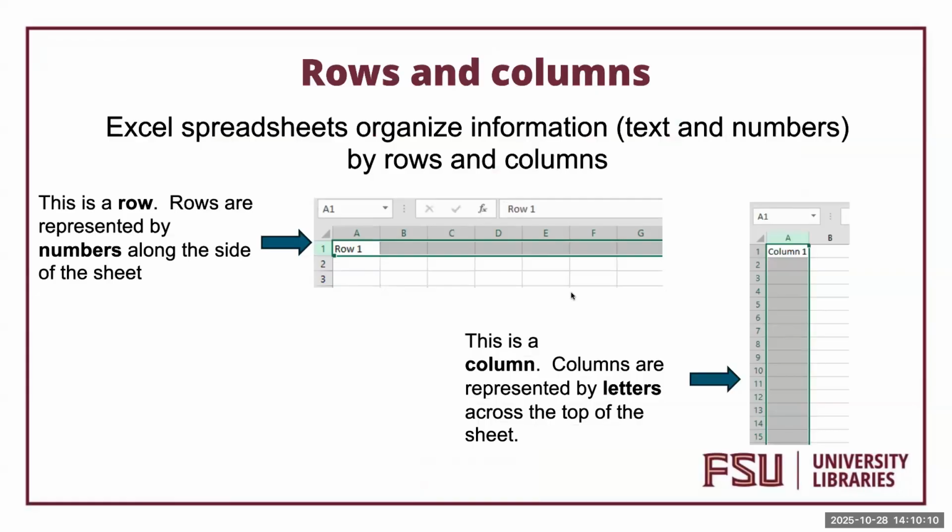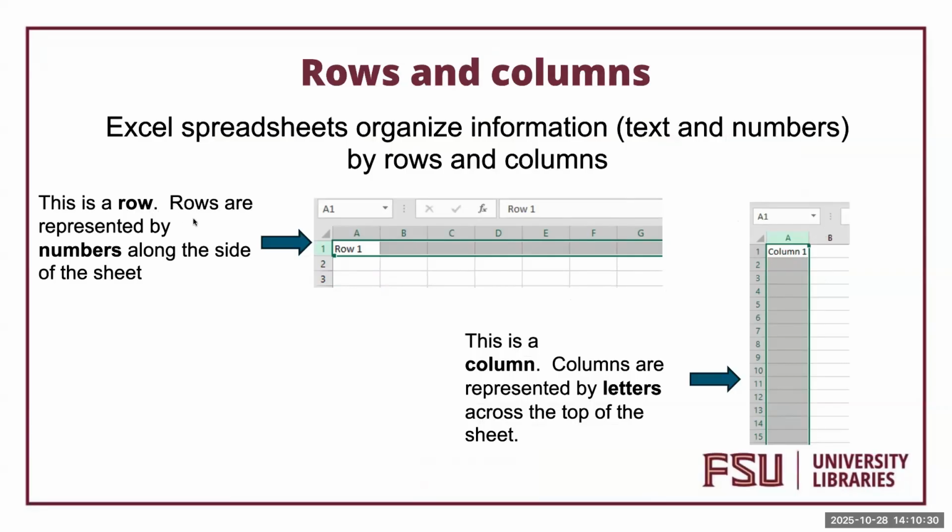Values in Excel are organized by cells, columns, and rows. A column is a vertical set of values, and these columns are represented by letters across the top of the sheet.